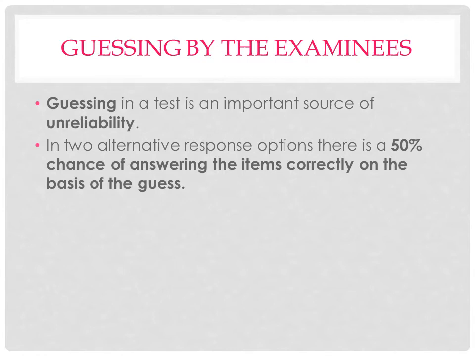However, the next one would be guessing by the examinees. Guessing in a test is an important source of unreliability. So if a participant guesses, the test would probably have low reliability. For example, you have a grade 6 student around 12 years old.